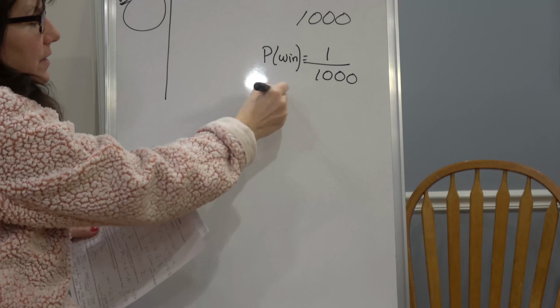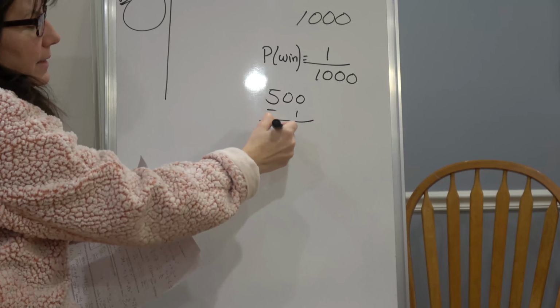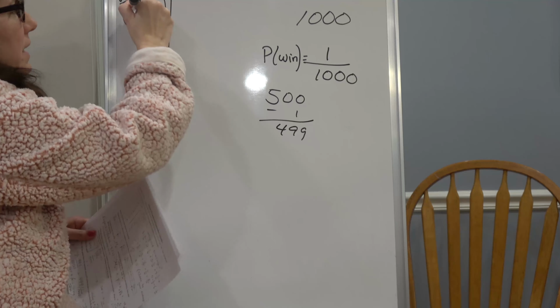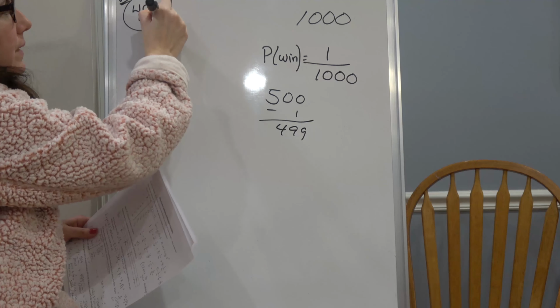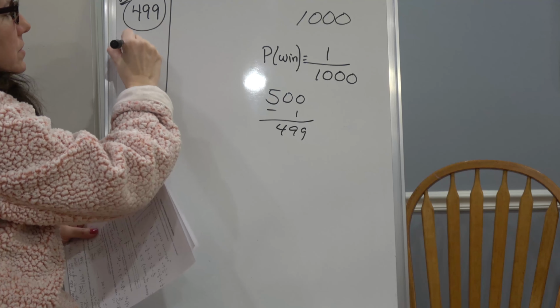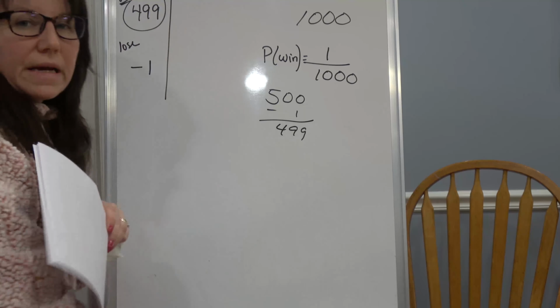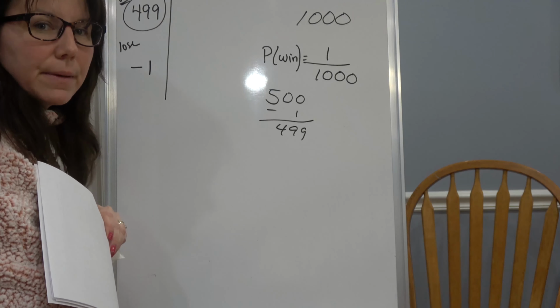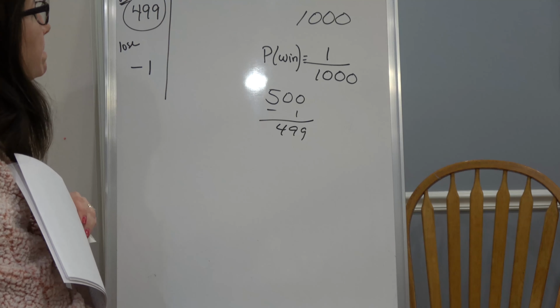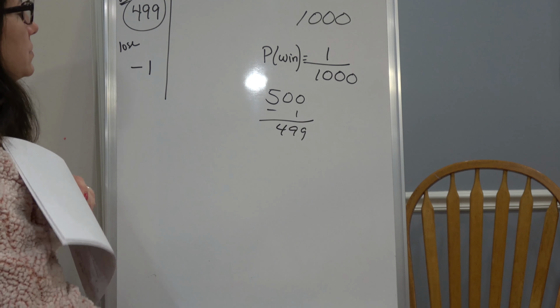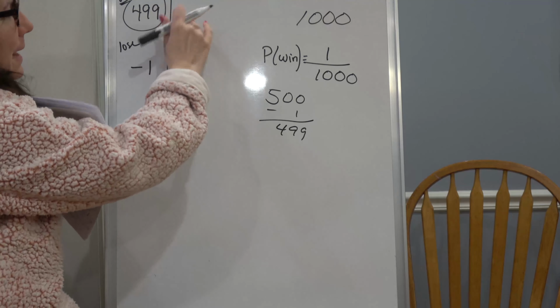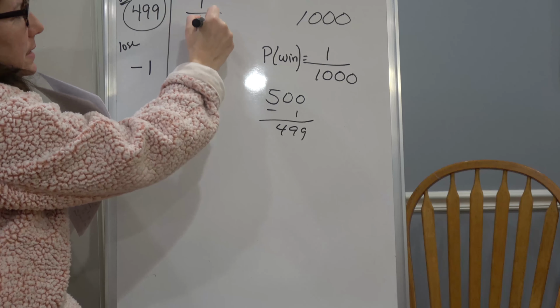Well, it was a $500 win, but I paid $1, so I'm really only winning $499. And if I lose, then I'm losing the dollar. So it's possible for a random variable to take on a negative number. Okay, that's possible. So the probability that this happens is 1 in 1,000.